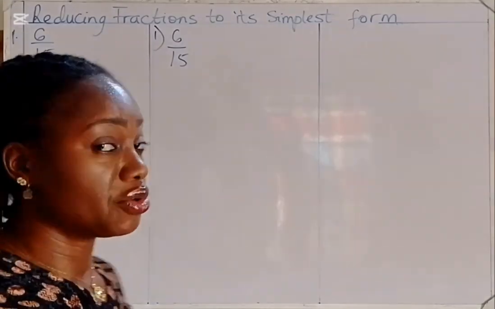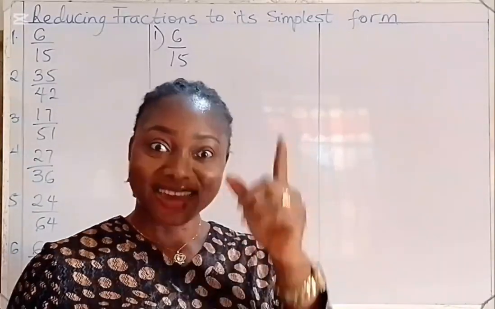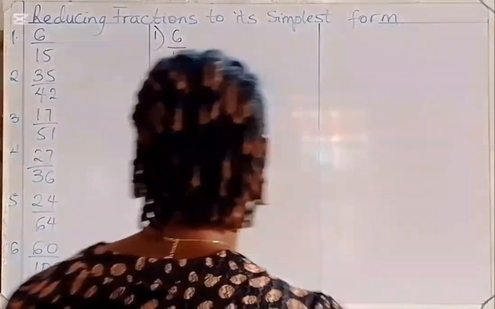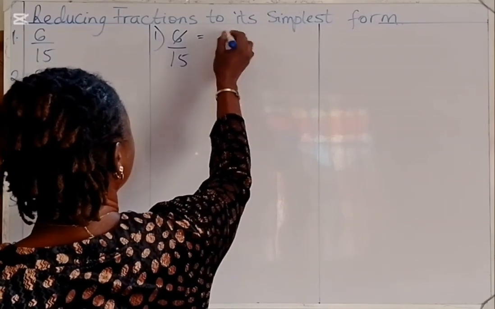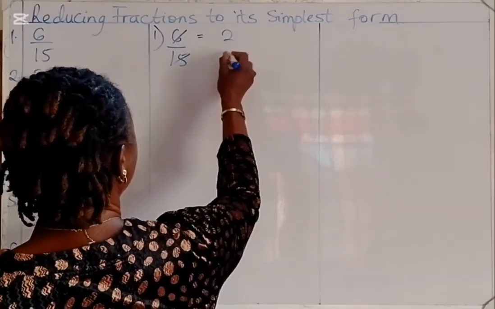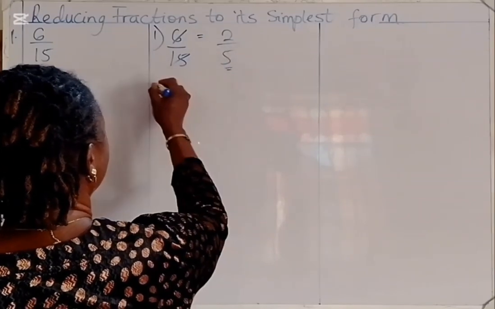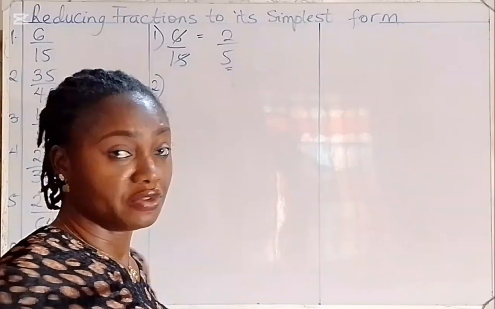So we go with 3. If 3 can go in 6, can it also go in 15? Yes, it can. So 3 into 6 will give us 2, and 15 divided by 3 is 5. That gives us 2/5. So the answer for question 1 is 2/5.